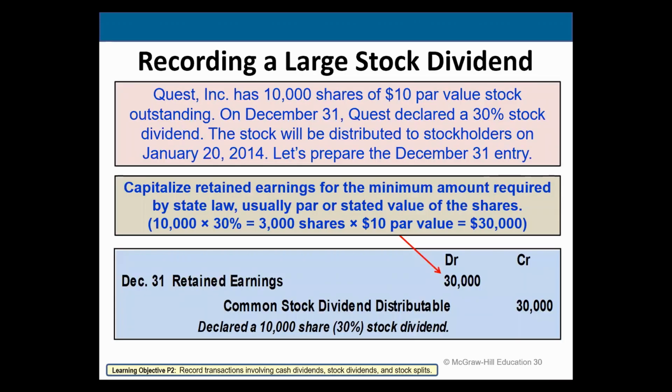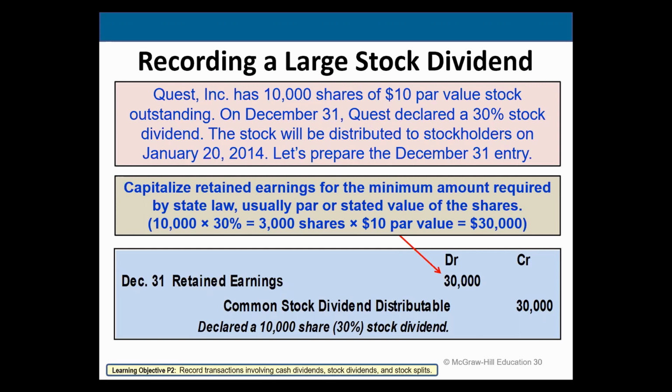Reporting of large stock dividends. A corporation capitalizes retained earnings equal to the minimum amount required by state law for the large stock dividend. For most states, this amount is the par or stated value of the newly issued shares. To illustrate, suppose that Quest's board declares a stock dividend of 30% instead of 10% on December 31st.